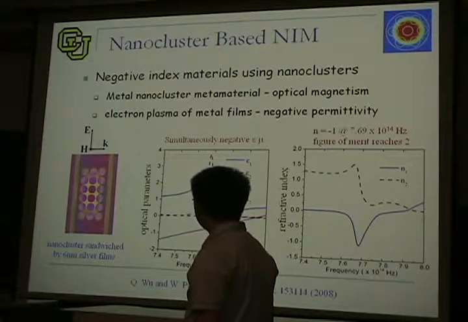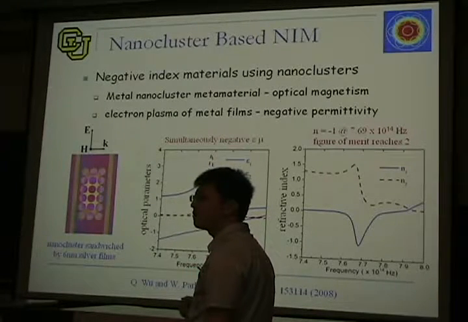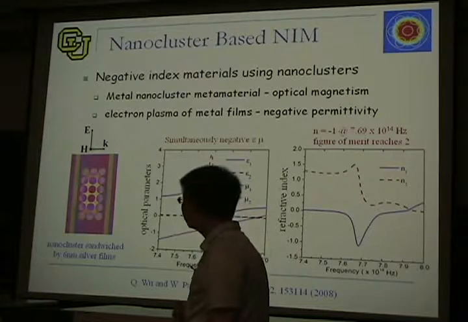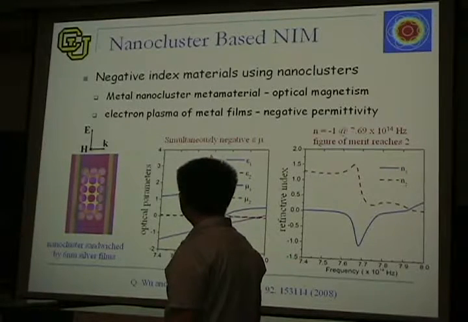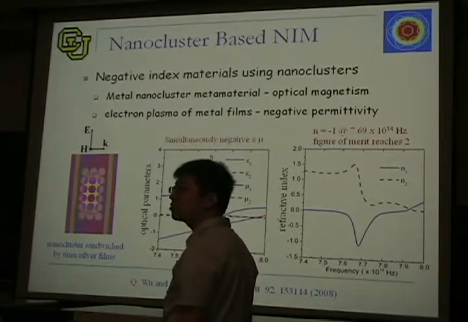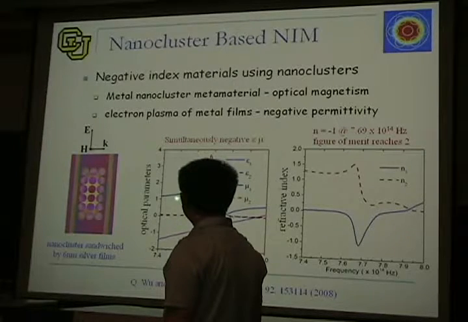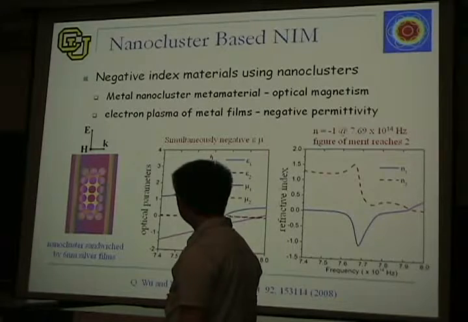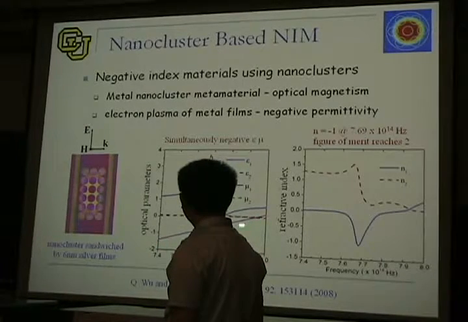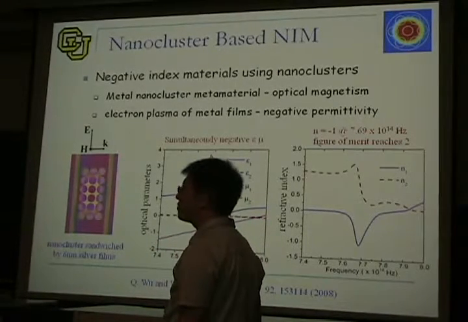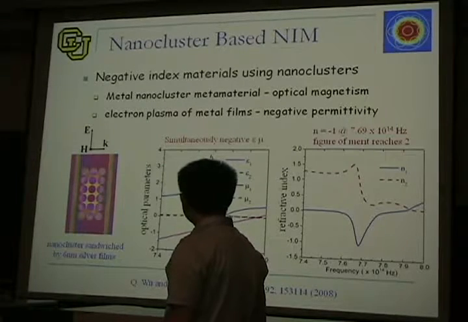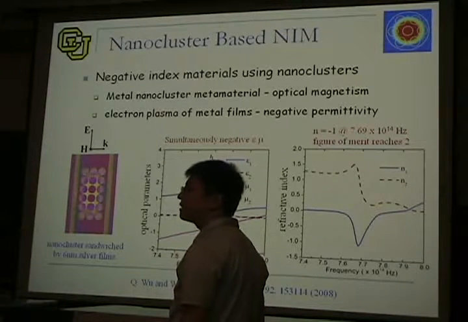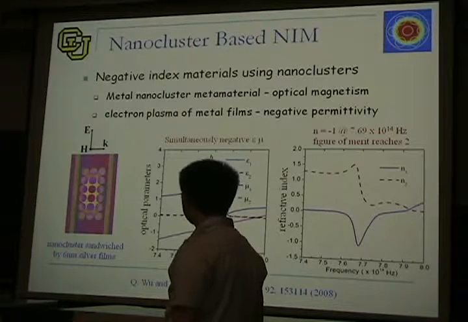By calculating the transmission and reflection curves, as already shown in the previous talk, we can extract the effective parameters of this material. The blue shows the real part of the mu, and the purple-pink shows the real part of the epsilon. So you can see within this frequency range, you have simultaneously negative epsilon and mu.